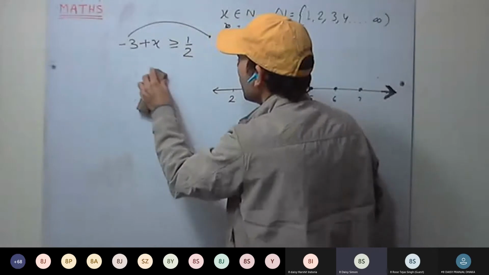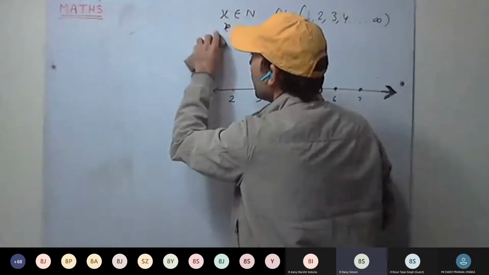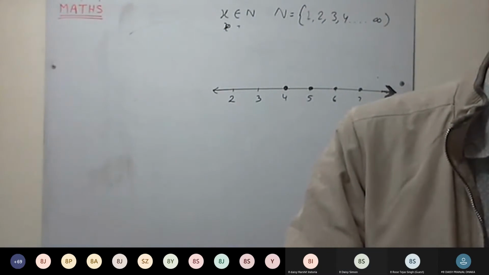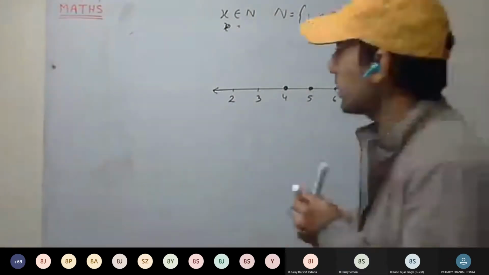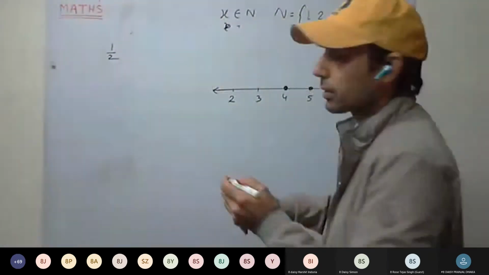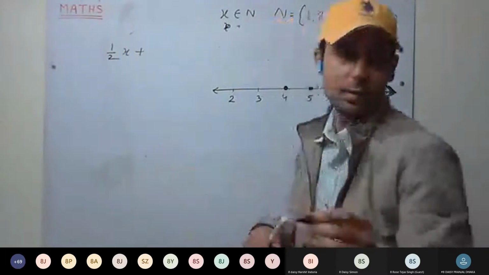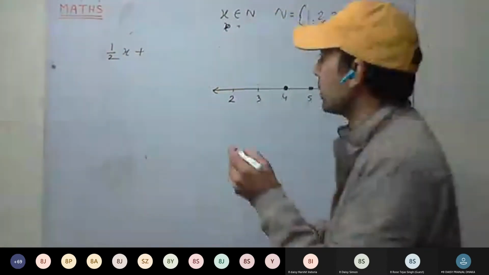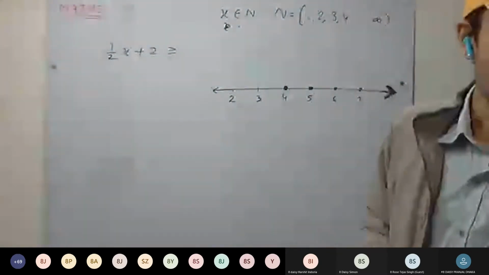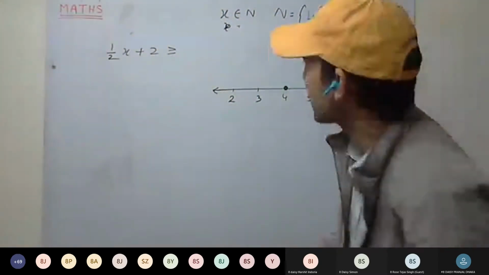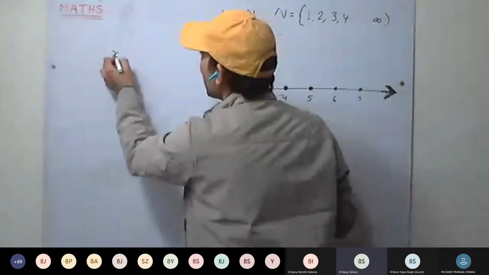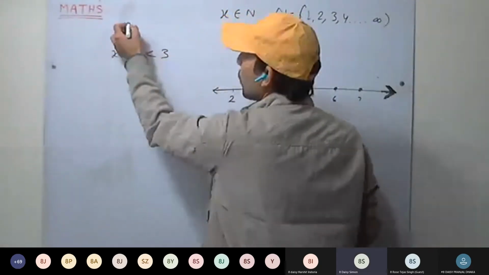Sir, in the first question, why is it not infinity? See your first question, what was the solution set? The question was x minus 2 less than 3, x belongs to whole numbers.